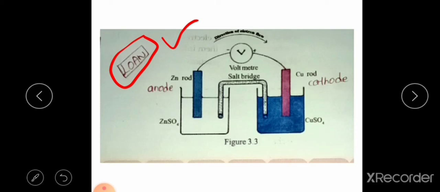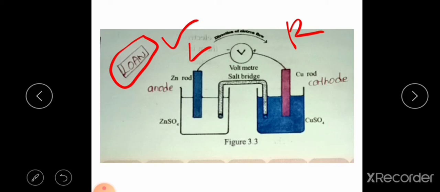So here L is the left side. The left side always has the highly reactive metal. When you are constructing a galvanic cell, keep it in mind. This is the left side and this is the right side. The left side always has the highly reactive metal.